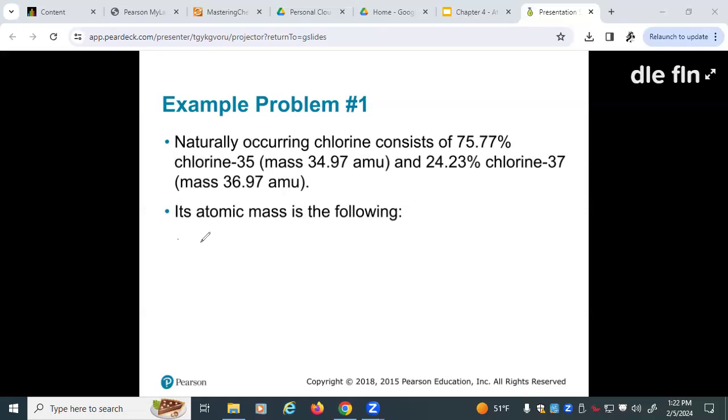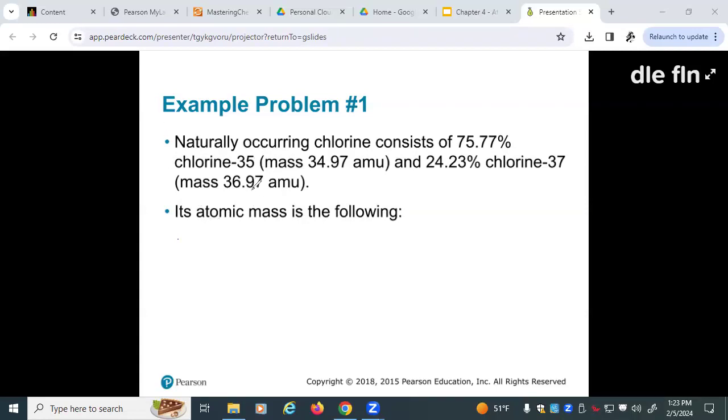How do I do atomic mass off of this? So again, it's not average. I don't just take the 34.97 and add it to the 36.97 and divide by 2. That would be what is considered a normal average. We don't want a normal average. We want a weighted average.